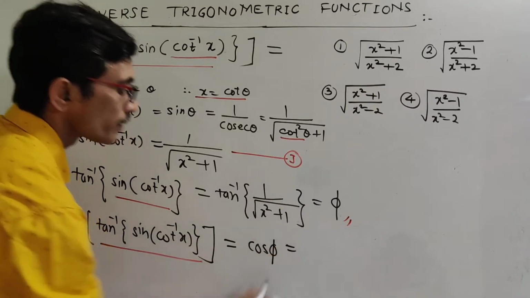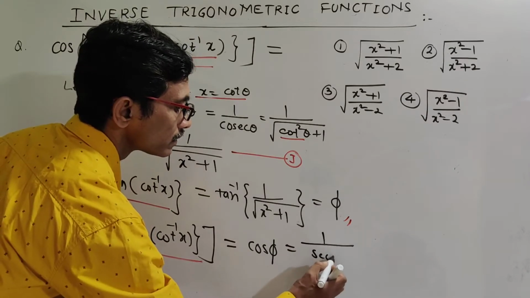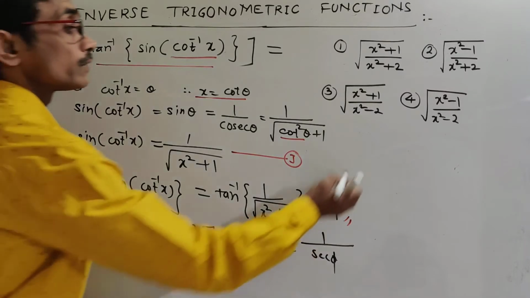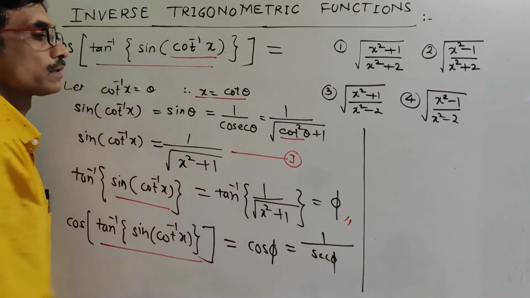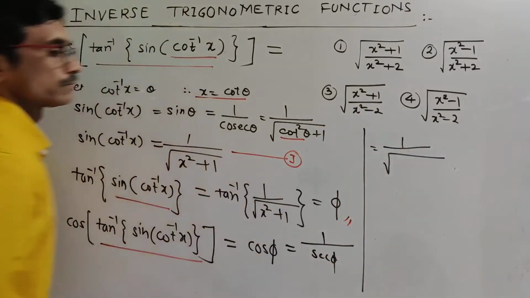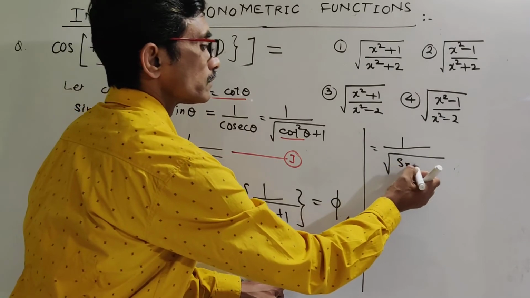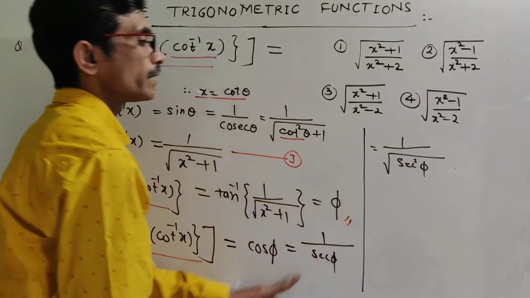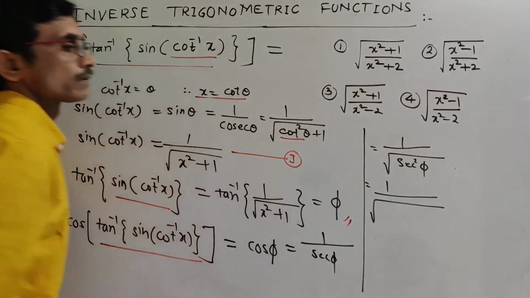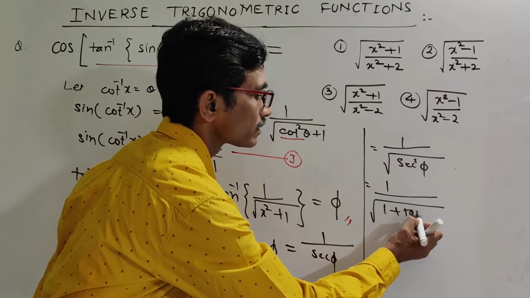Now cos phi we can write as 1 upon sec phi, which is equal to 1 upon root of sec square phi, and sec square phi is 1 plus tan square phi.